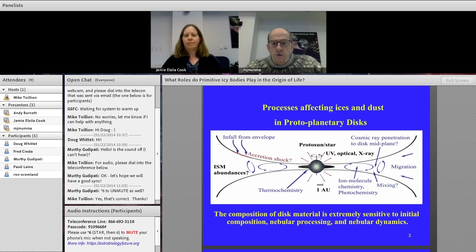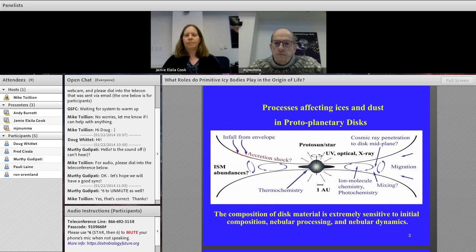This chart shows a cartoon of some of the processes that occurred in the planet-forming phase, running from the collapse of the natal cloud core and the formation of the protosolar nebula, and then evolving towards the protoplanetary disk. There are many processes that we now know occurred at that time.